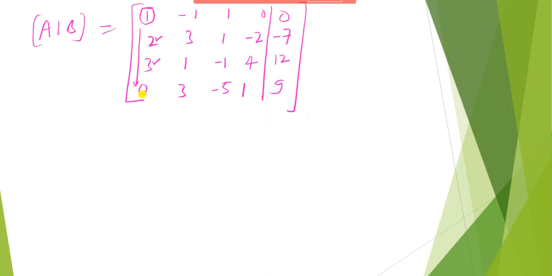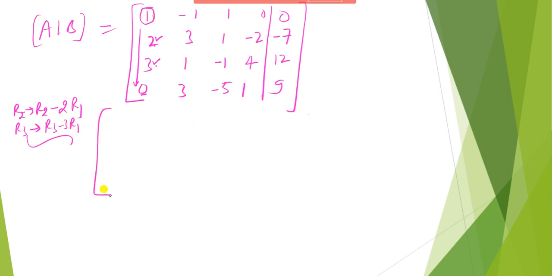So we perform the row elementary operations. First operation: R2 is R2 minus 2 times R1, then 2 minus 2 becomes 0. And for R3, 3 minus 3 times 1 becomes 0. So R3 is R3 minus 3 times R1.